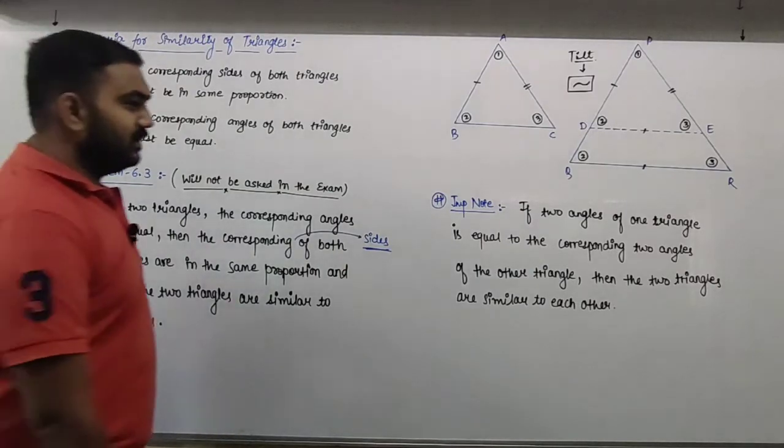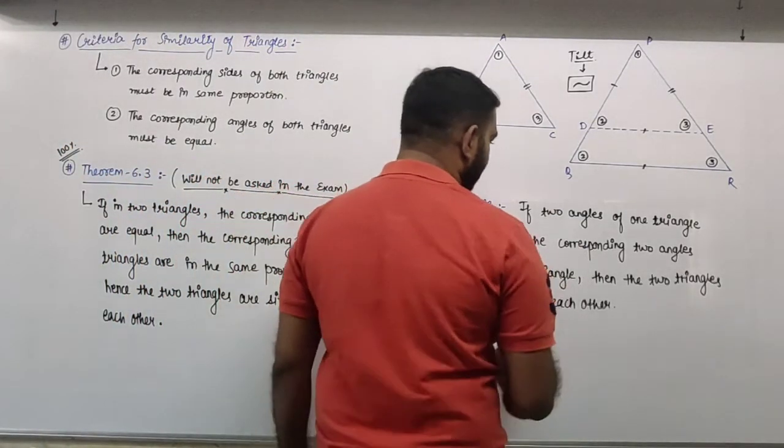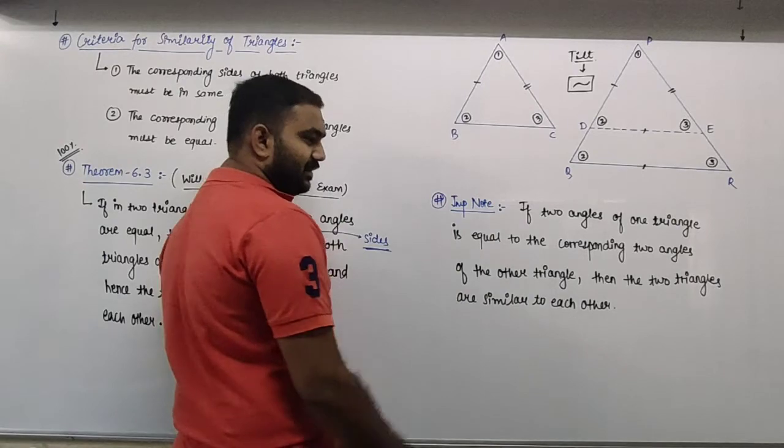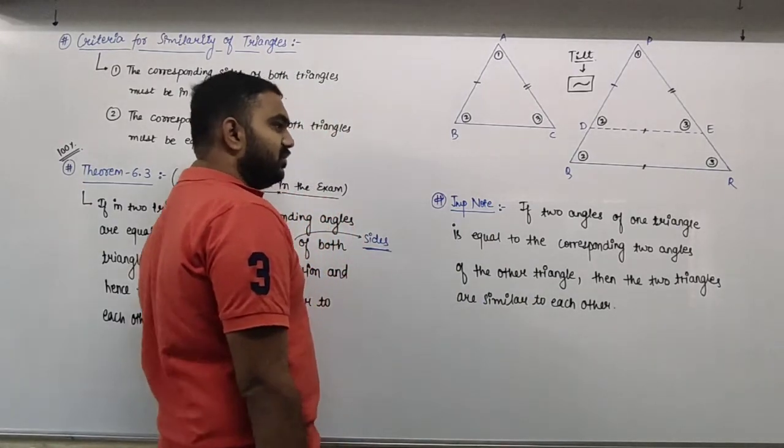If two angles of one triangle are equal to the corresponding two angles of the other triangle, then the two triangles are similar to each other.